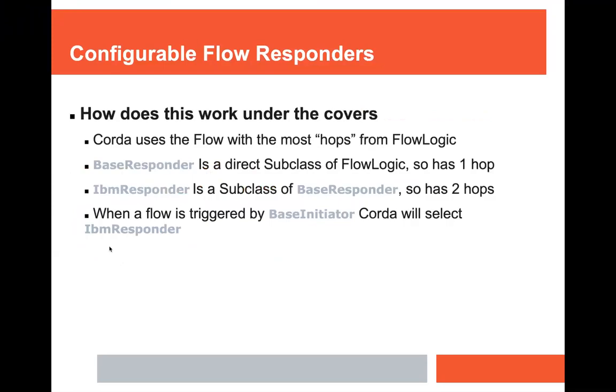What we changed in Corda 4 is that we have a deterministic approach now. We actually count the number of hops that you are from flow logic. In this case, the base responder is one hop because it's a direct subclass of flow logic, whereas the IBM responder is two hops and is therefore considered the most concrete version of the flow, and it's what's used to respond.